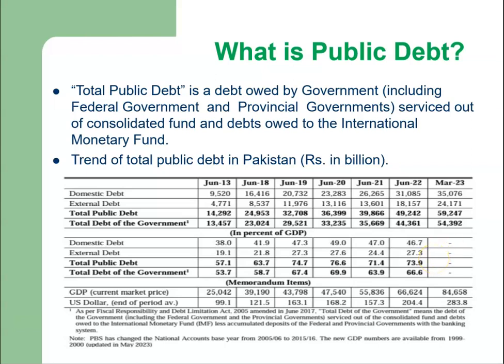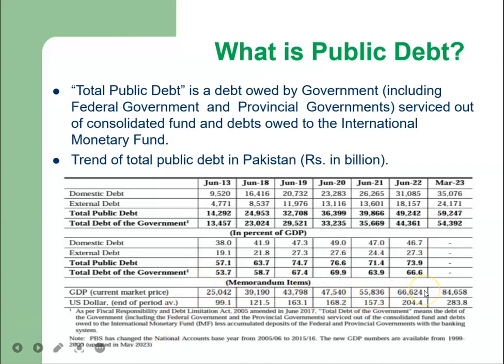And if we combine both of these, then the total public debt constitutes 59 trillion Pak rupees or 59,247 billion rupees. We can also calculate total debt of the government of Pakistan, which comes to 54 trillion or 54,392 billion rupees, and the definition of this is given here.